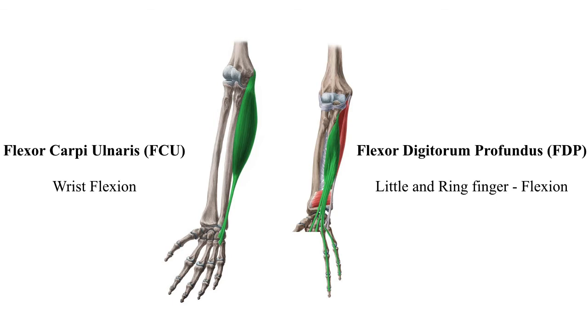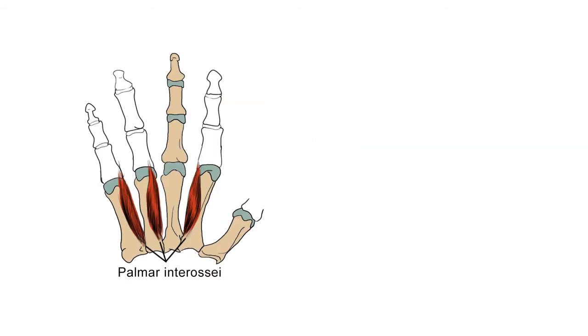Once it supplies these two muscles in the forearm, it enters into the hand. In the hand, the main muscles which are supplied include, first, palmar interossei. Interossei because it is present between the metacarpals.